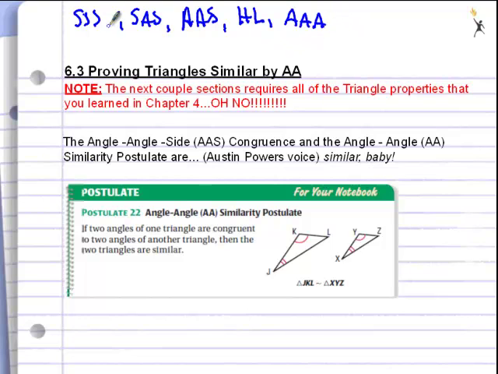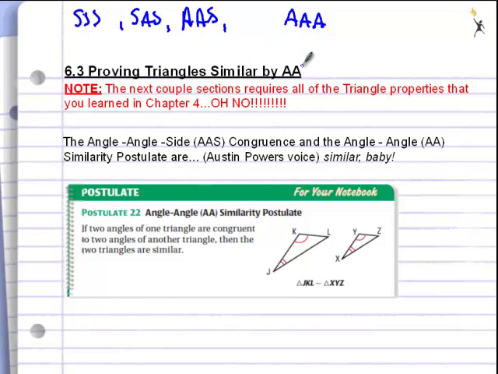Now, these 5 are very similar in that you use different parts of the triangles. The only one that we will not be using again is hypotenuse, leg, and specifically because that deals with right triangles. What we're moving into is not necessarily proving triangles are congruent, but proving that they are similar. Remember, similar means proportional.